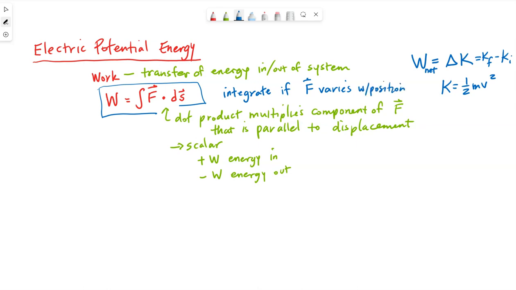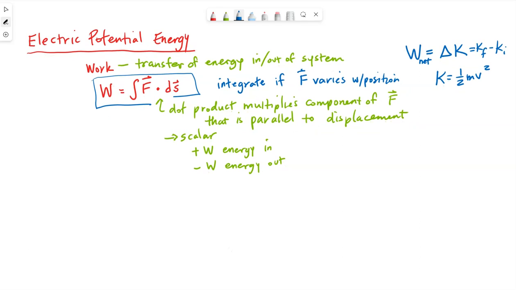Okay, so we're going to look at two situations. We're going to look at situations where the force is constant. If the force on our charge is constant or uniform, we can pull the force out of the integral sign.